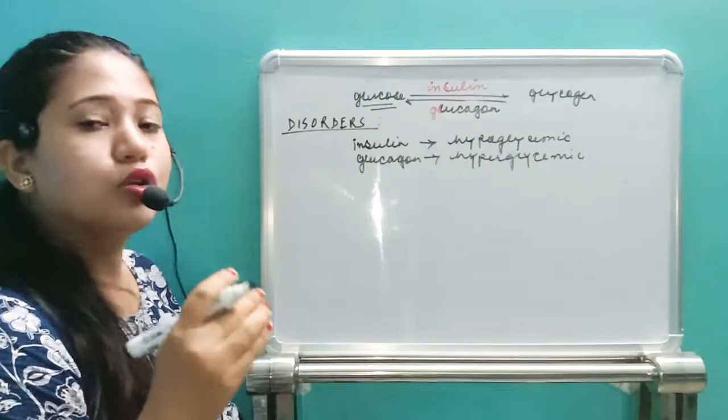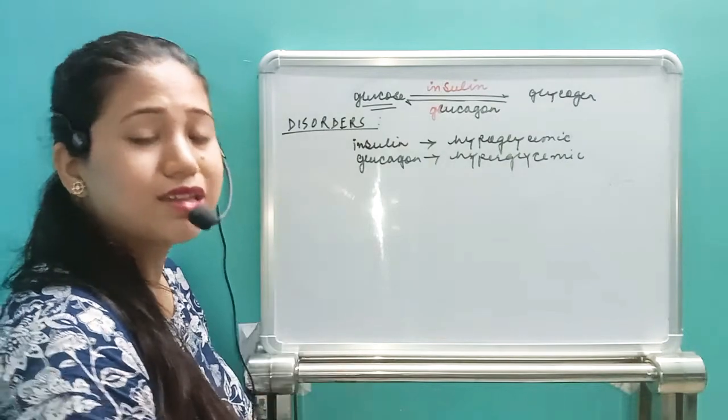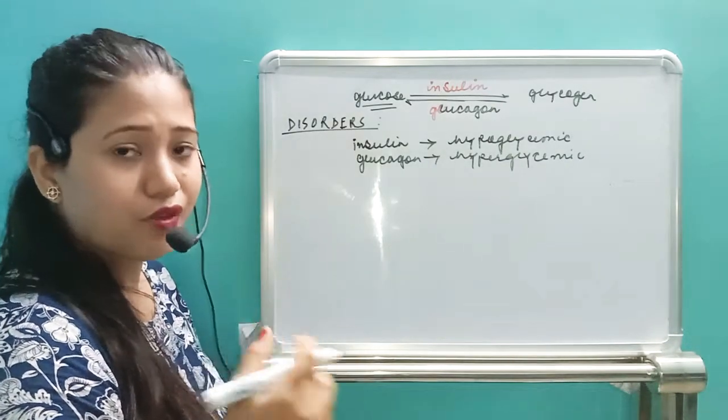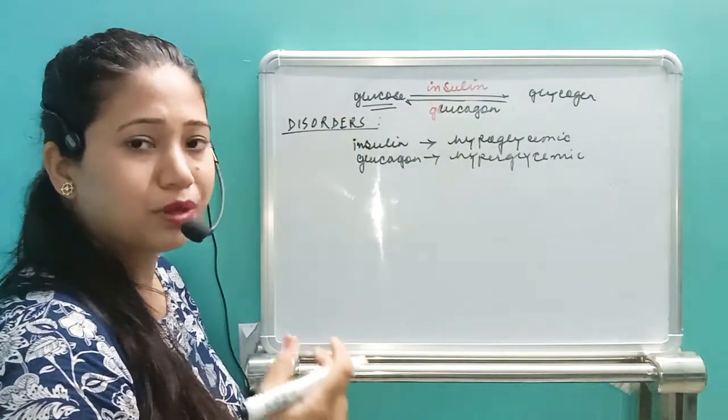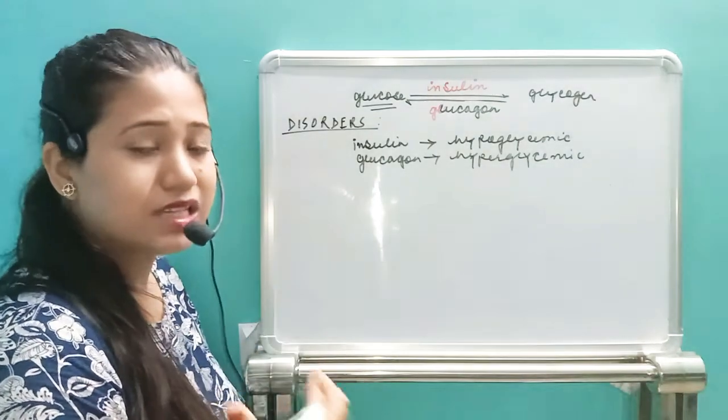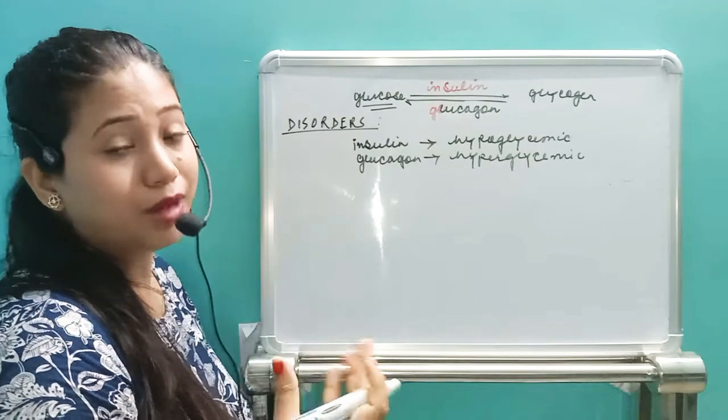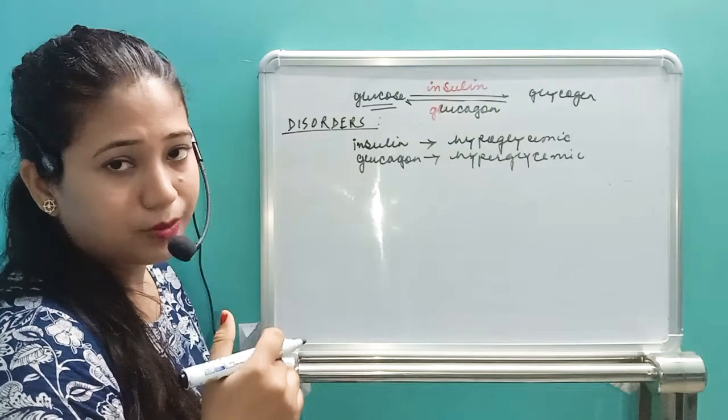That means glucose will be decreased in our body by the function of insulin, by the secretion of insulin, and if glucagon is released, then our blood glucose level will be higher.